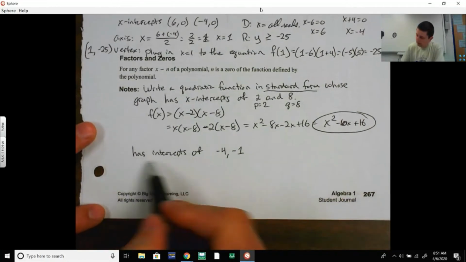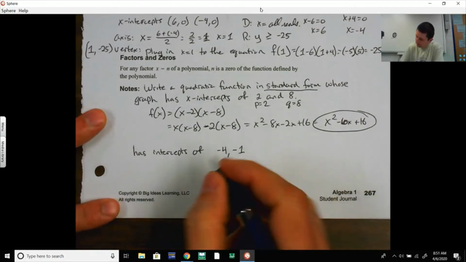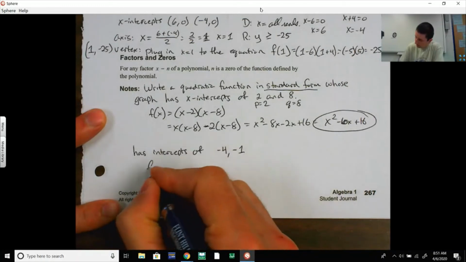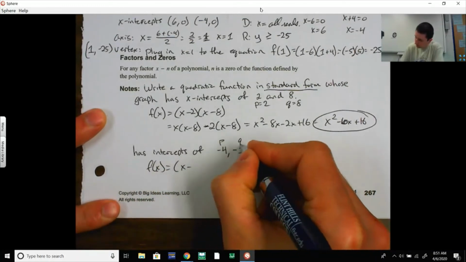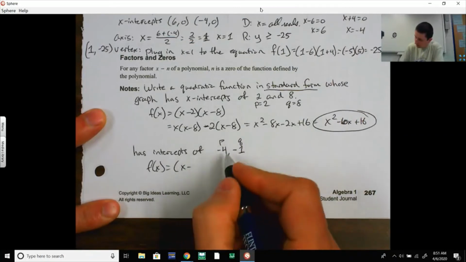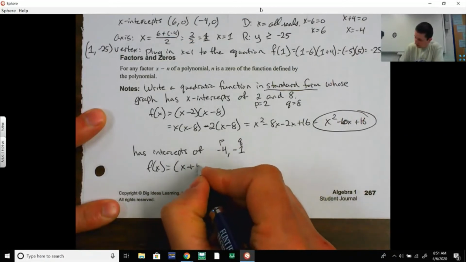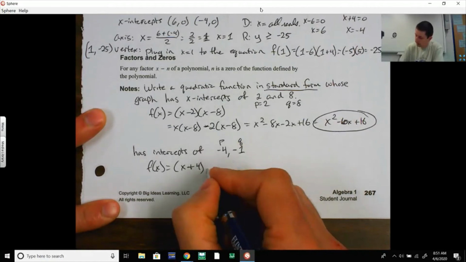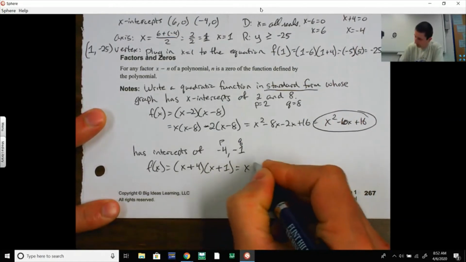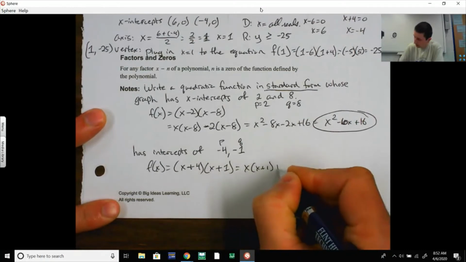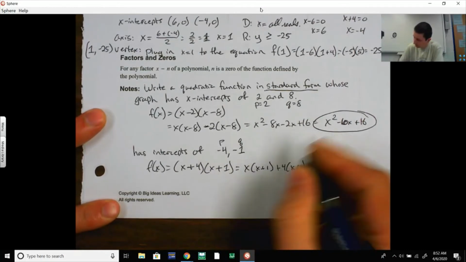Okay, has intercepts of negative 4, negative 1. So f of x equals x minus p, so this can be p, this can be q. X minus p, so x minus a negative 4 changes that to an x plus 4. X minus a negative 1 changes that to an x plus 1. So we have x times x plus 1 plus 4 times x plus 1.